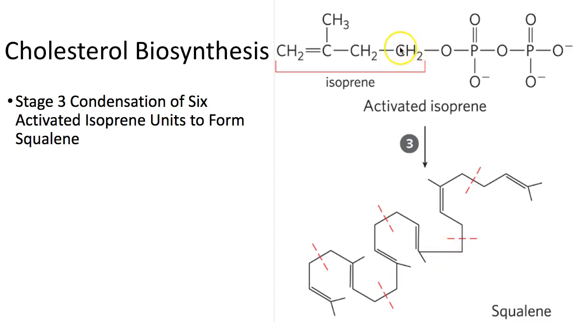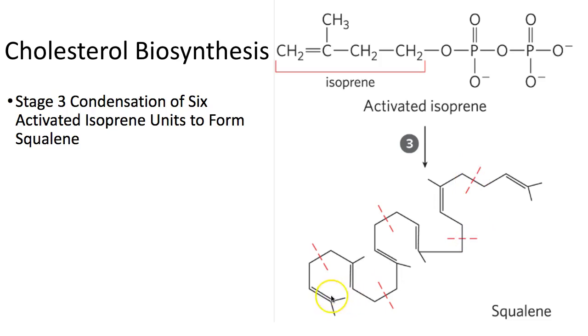And just notice that this 5 carbon structure is bound to each other. As you can see here, they broke it down with these red dashes. That's why you can see the 5 carbon structures again.